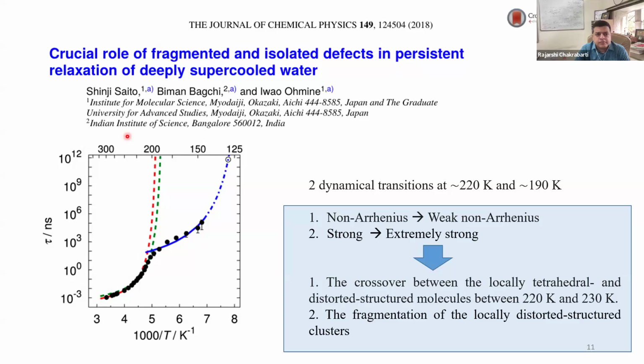Their activation energies are different. So when they mix together, they show non-Arrhenius behavior. At very high temperature, low density liquid is almost negligible, zero. So at that high temperature, it follows Arrhenius. At very low temperature, high density liquid is very less. So low density liquid dominates, and there also it shows Arrhenius behavior. That is a very nice explanation from this paper.